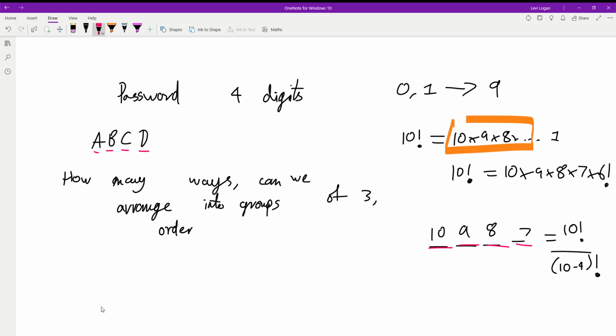So we can think of it as 4 factorial, the number of ways you can arrange these, divided by the number of different groups you can put them in. So for example, that will be 4 factorial divided by 4 minus 3 factorial.